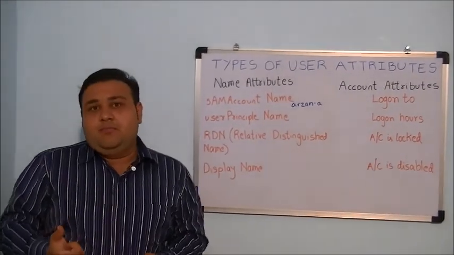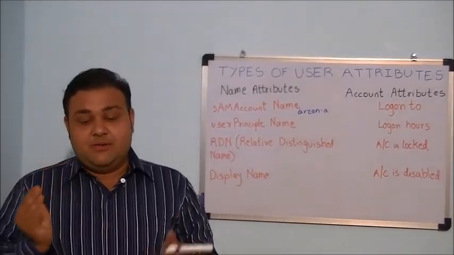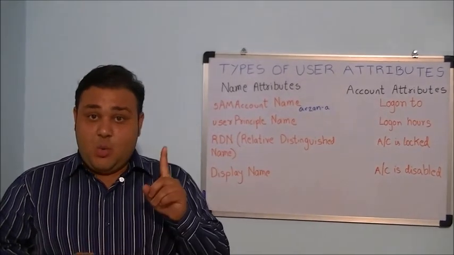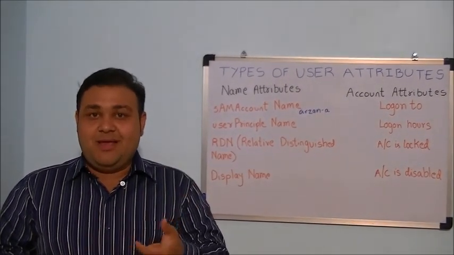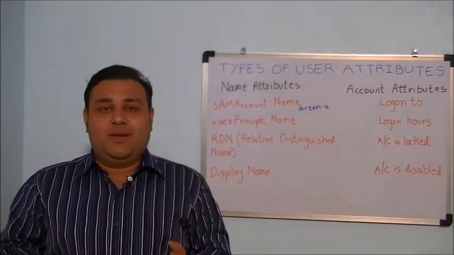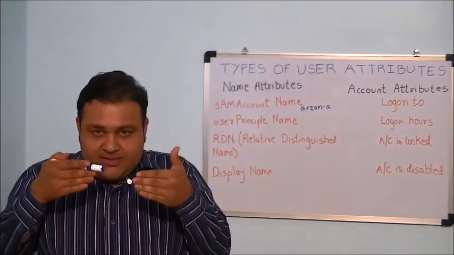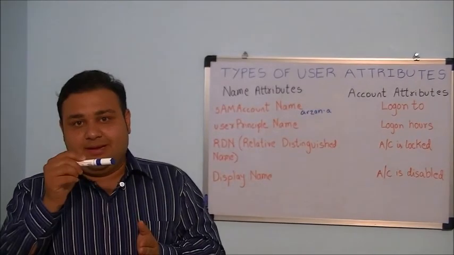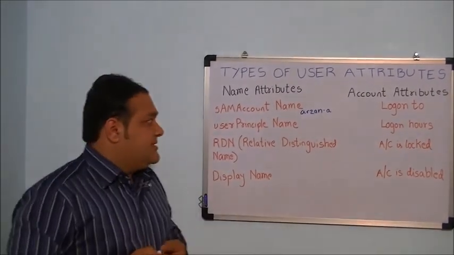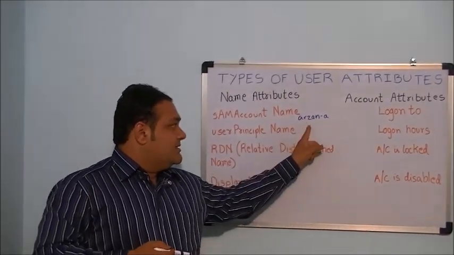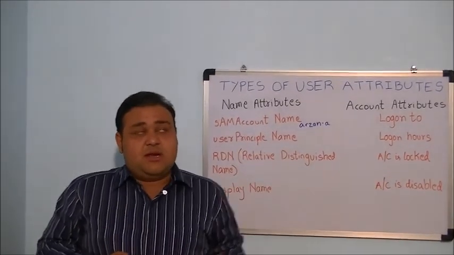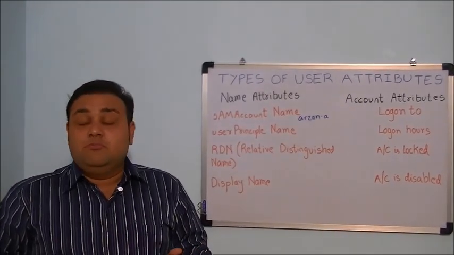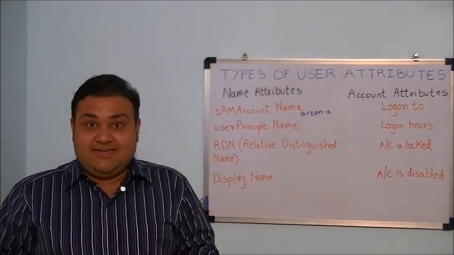The next is user principal name. User principal name has two values combined with each other. One is the SAM account name and the other is the DNS domain name. And both the IDs are separated by a symbol, that is @. So let's take an example. This is the same user ID, arzan.a, and this user account belongs to a domain known as etech.